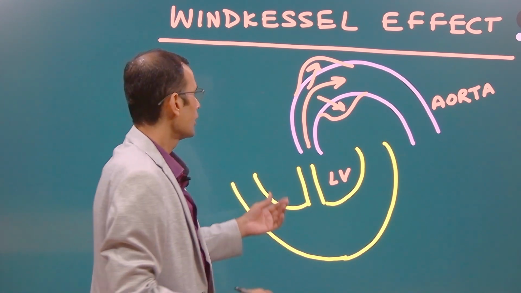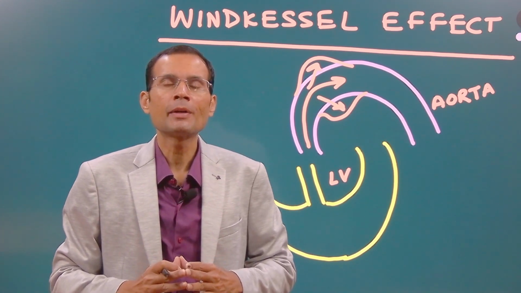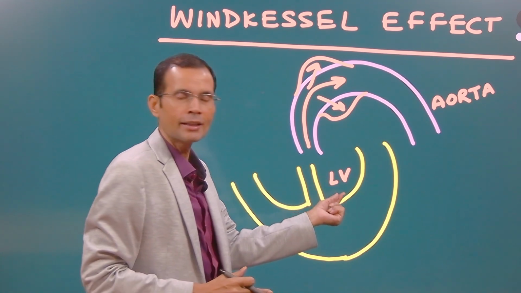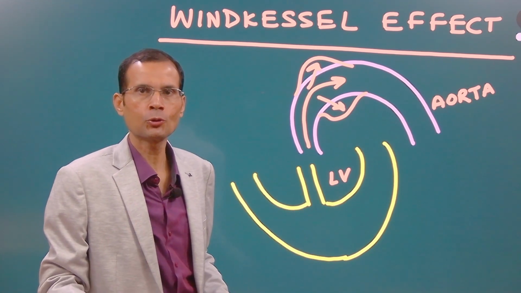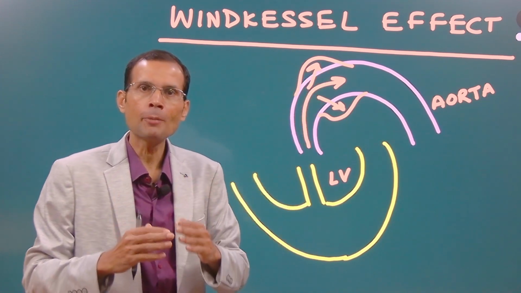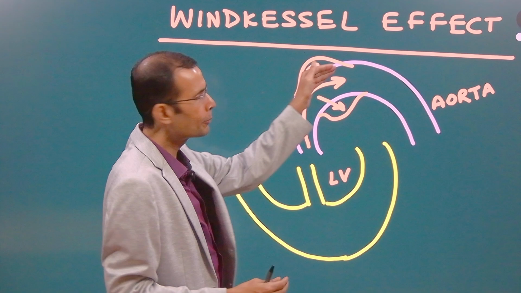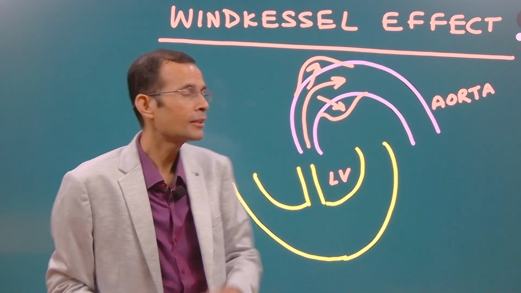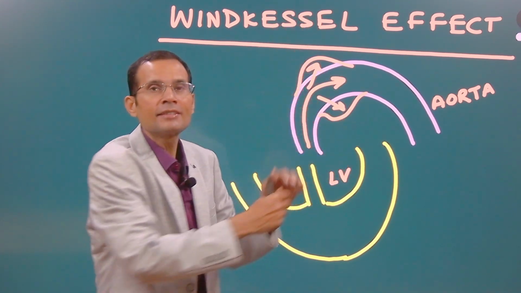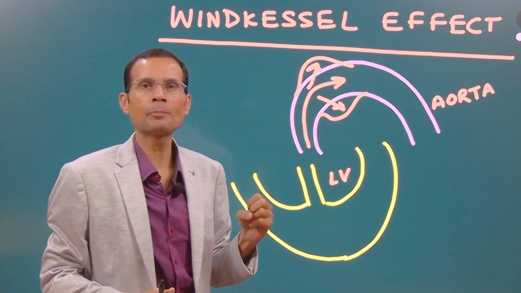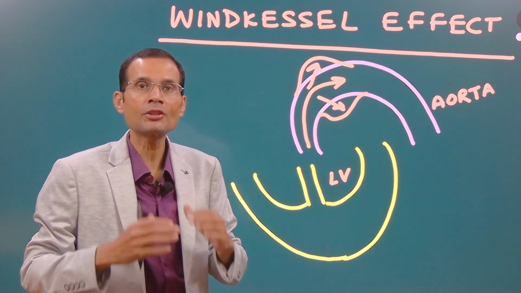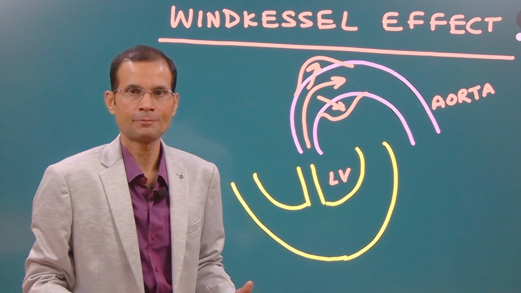Left ventricular pressure will rise with systole, and therefore aorta pressure will also rise to a certain extent because of the blood coming in. But because the aorta is distending and accommodating that blood volume, the pressure will not rise much.